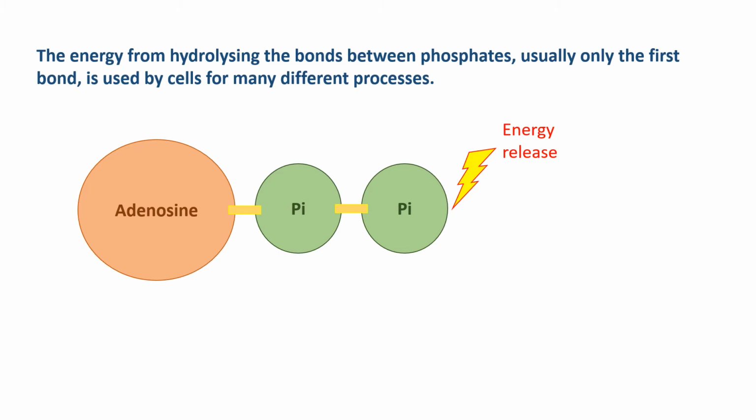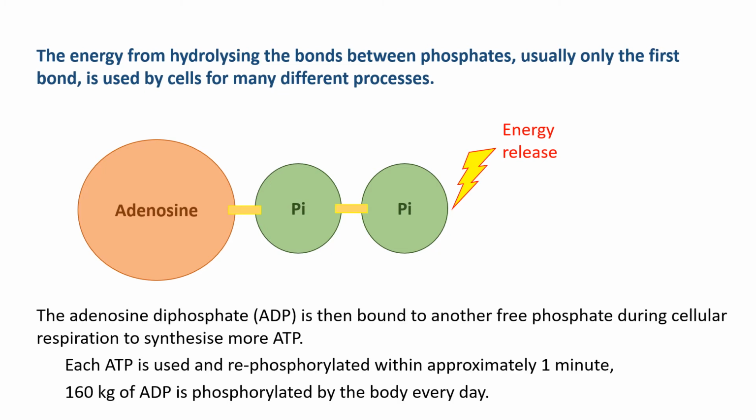We're then left with ADP and a phosphate that just hangs around inside the cell. Cells are full of phosphates. So the ADP then has to be bound to another free phosphate during cellular respiration to synthesize more ATP.